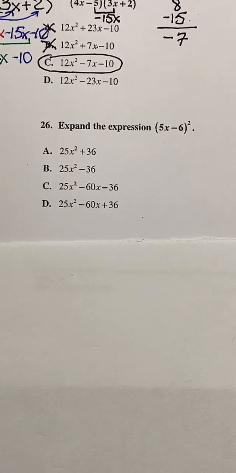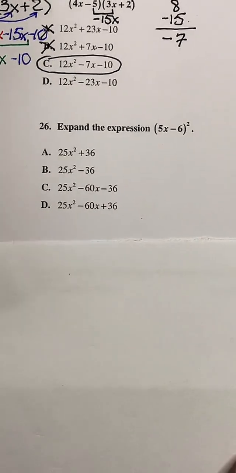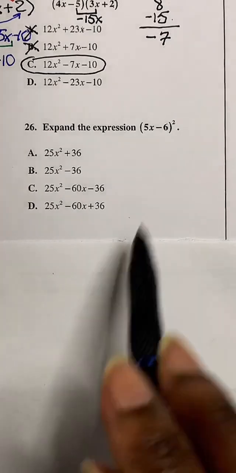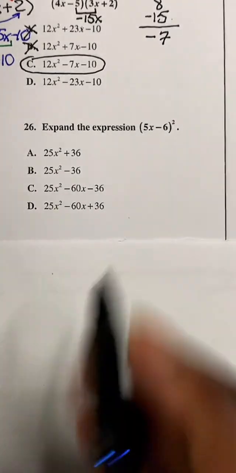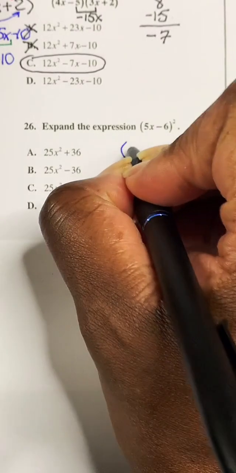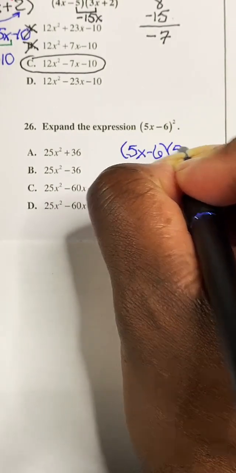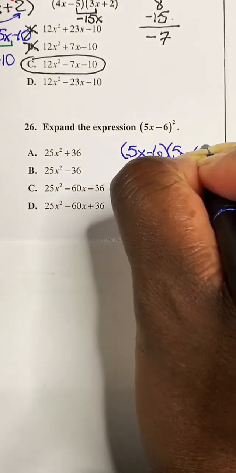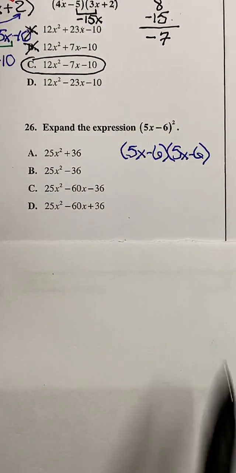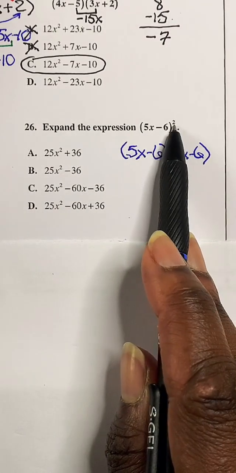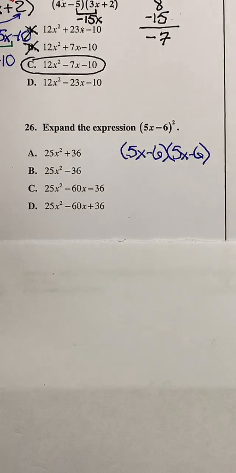So if I may show you the shortcut, because I know a lot of people love it. This is basically telling me that I am taking my 5x minus 6 and multiplying it by itself. This whole expression is the base, and we're multiplying it by itself 2 times.